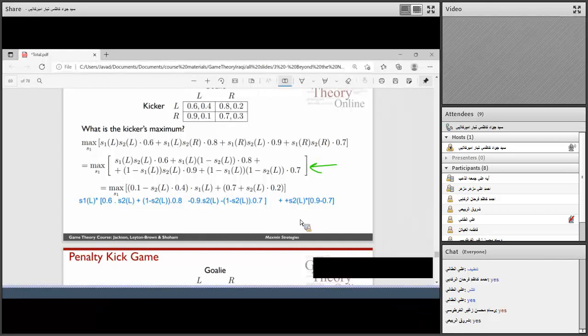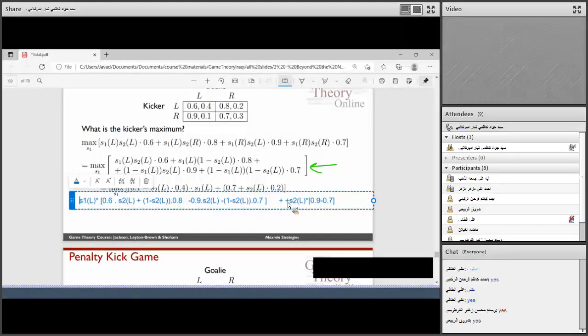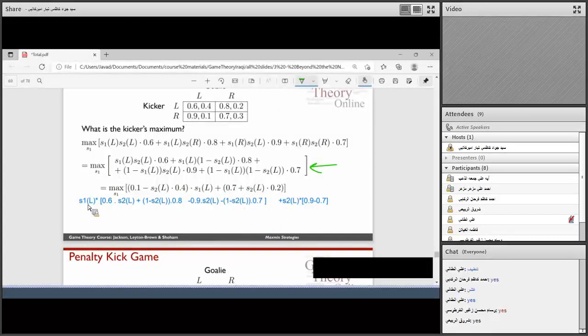Okay. So now I can further simplify this part. I guess I could do 0.6 S2 of L. We got minus 0.8 S2 of L. That gives us minus 0.2 S2 of L. Right, minus 0.2.